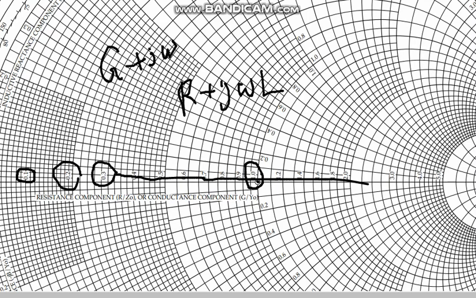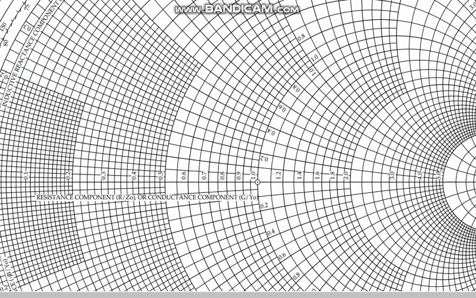If you want to give a value to this point, first of all we have to plot it. So there are some circles, unity circles, different circles on it.